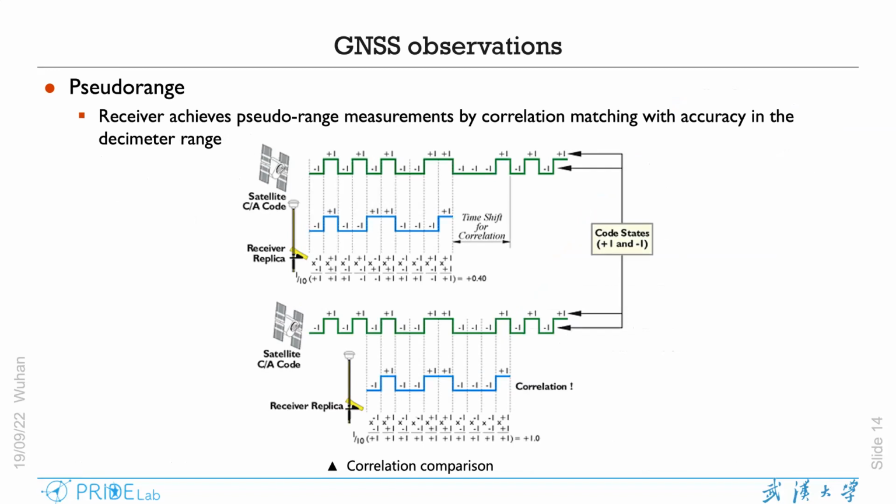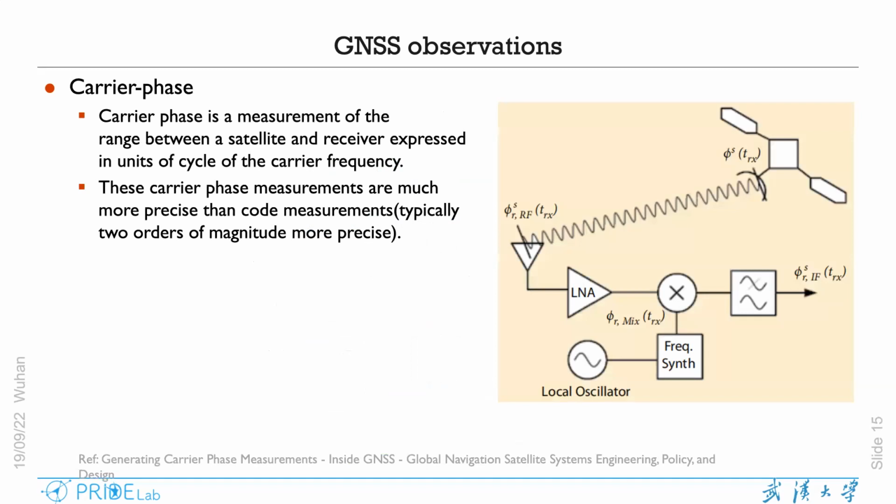The receiver will produce replica signals to be compared with the signals received from the satellites. After they find a high correlation between the two signals, they can calculate the time of arrival of the signal, and then this time of arrival will be multiplied by the speed of light to get the pseudo range.